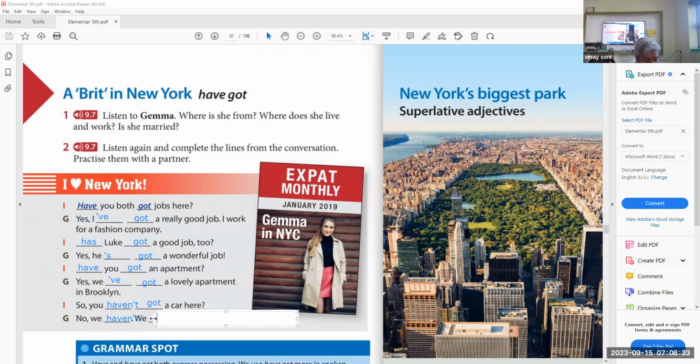We had." And when we say "had," past time, no "got," no "got." Okay. This "got" tense only exists in the present. In the past, we simply use the same "had." Nobody will say "we had got a car." No, "we had a car."